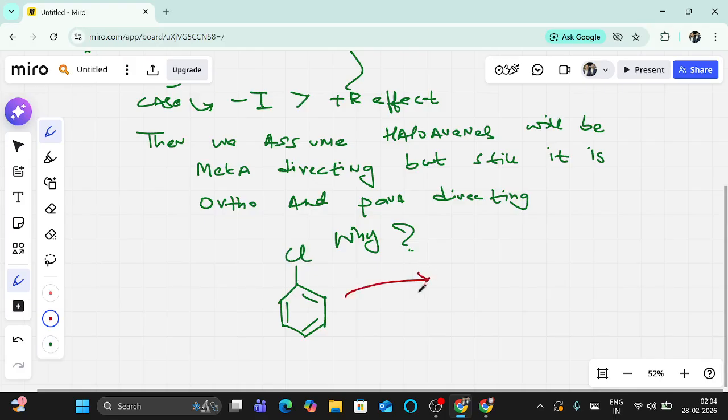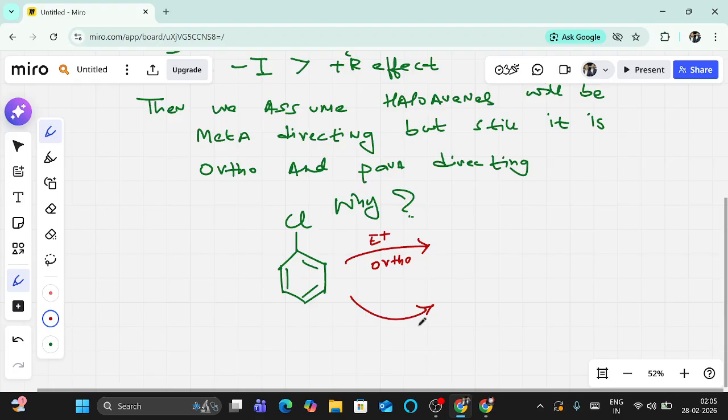One, assuming that the electrophile attacks at the ortho position. Understand that whenever we do a comparison, we compare ortho-para versus meta. So I'm assuming ortho; with para it will be similar. Second, I will draw the electrophile directed at meta.